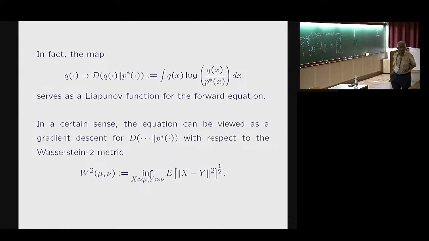Is that function, the divergence in Q, weakly continuous? It can blow up, no. That is a problem. Yeah, because if P star is a density and Q is a density which converges to something singular with respect to P star, it will blow up. Then how do you use the Lyapunov function?